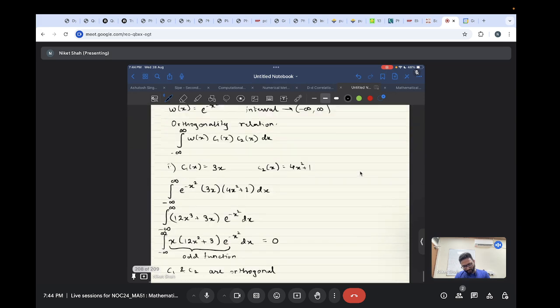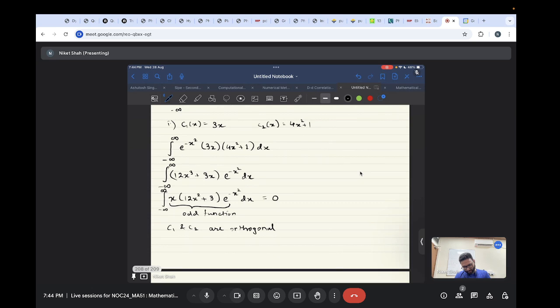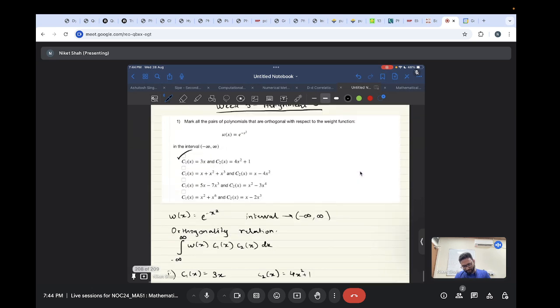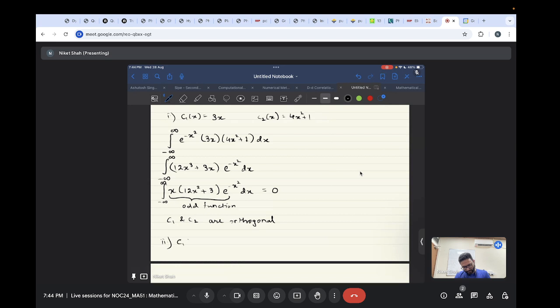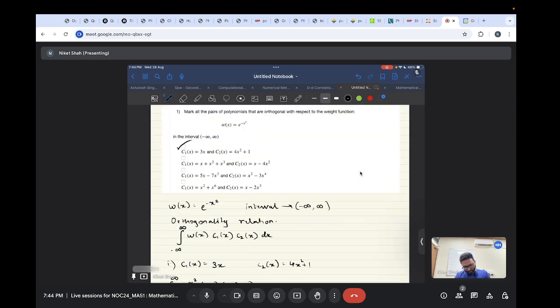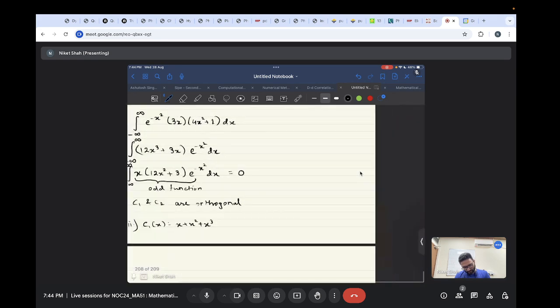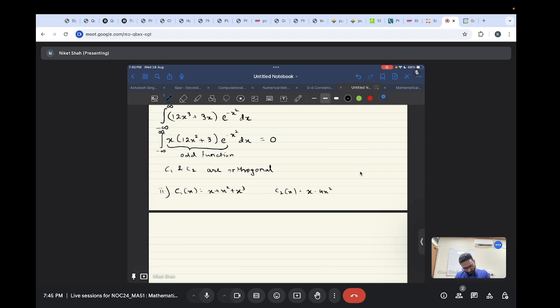Similarly, we go to the second one. Let's check out the second option. Second is C1 of x is equal to x plus x square plus x cube, and C2 of x is equal to x minus 4x square. Alright, so again, the same exercise, e raised to power minus x square multiplied by these two polynomials. I'll directly multiply these two polynomials.